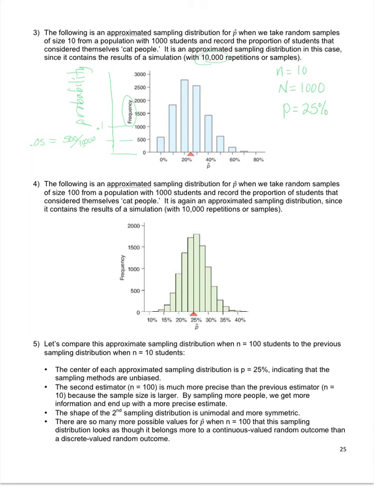All right, looking at this a little bit further, this first bar tells us that there were roughly maybe 525 samples, it's an estimate, with 0% cat people, or 0 cat people. And there's maybe 10 samples with 70% cat people.